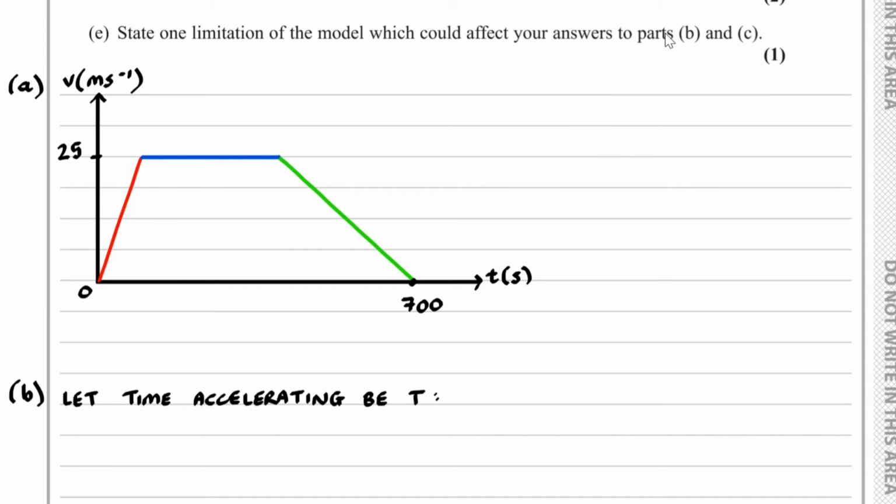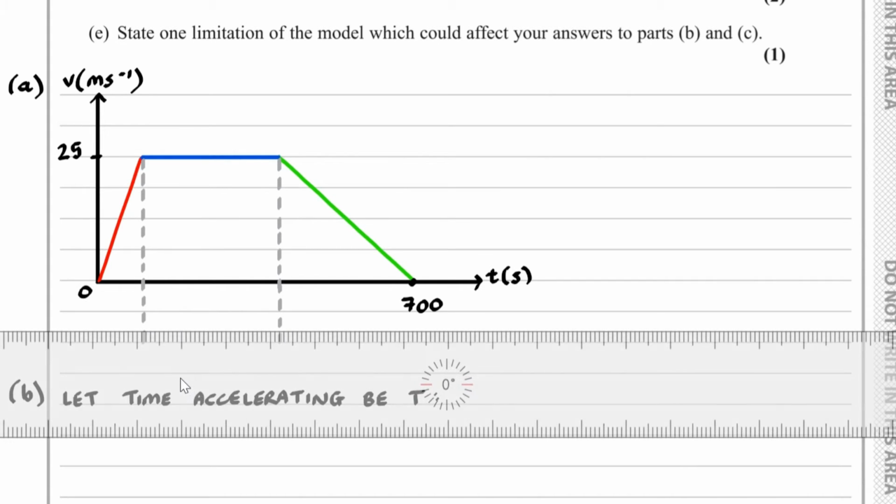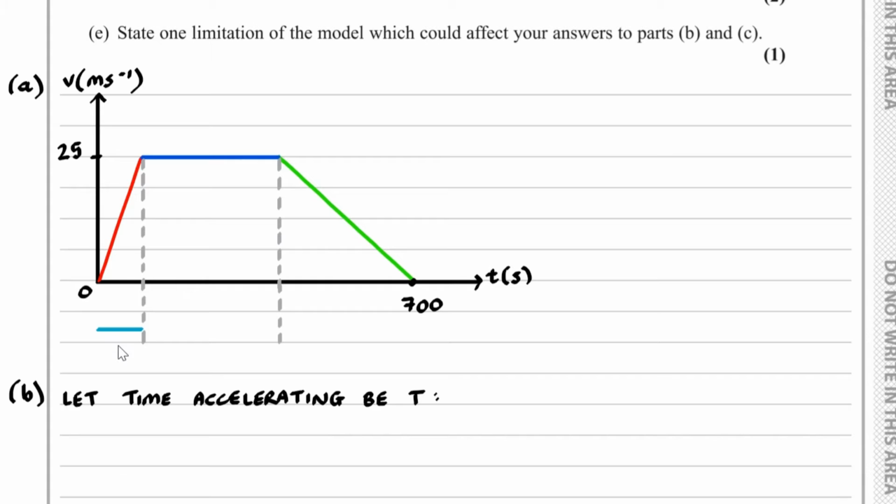If we let the time accelerating be t, that means if we take a look at the different sections of the graph, this time from here to here will be t.